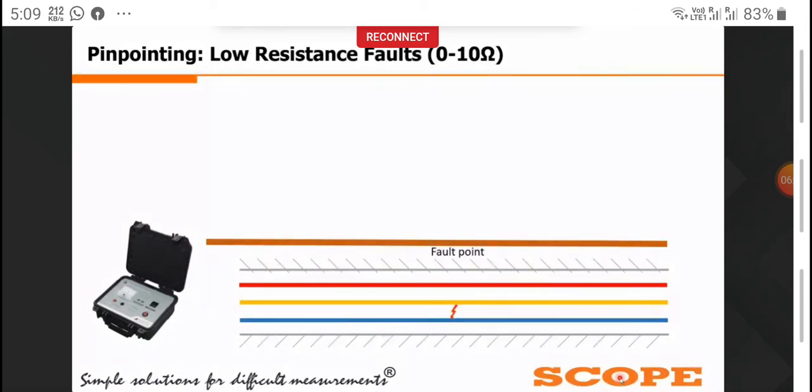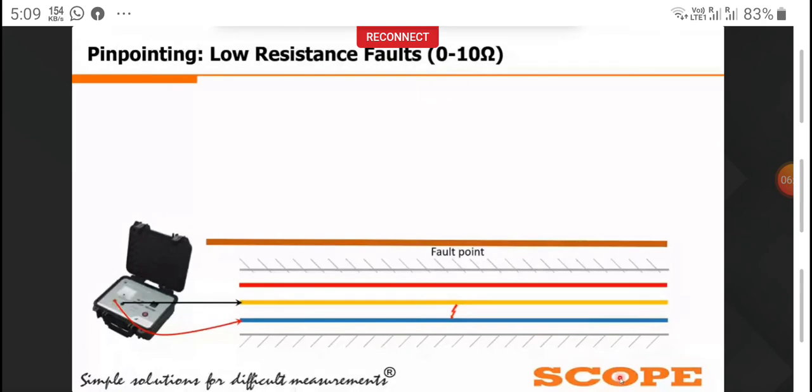So it might damage the cable and the instrument also. Also, the application of a surge generator to a dead short circuit fault does not create any fault sound. So for pinpointing low resistance fault between 0 to 10 ohm, we require an audio frequency generator.